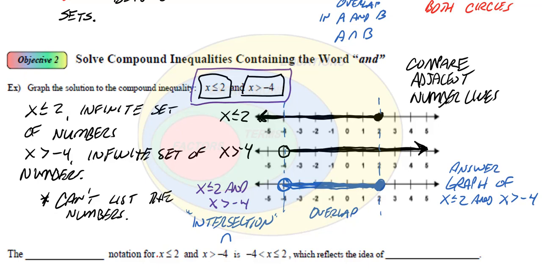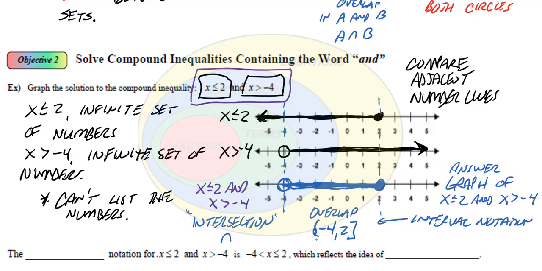We could also write this answer using interval notation. And these overlaps are pretty typical. The interval notation starts at -4, but doesn't include it, so I use a parenthesis. And then the overlap stops at 2, so I use a bracket there.